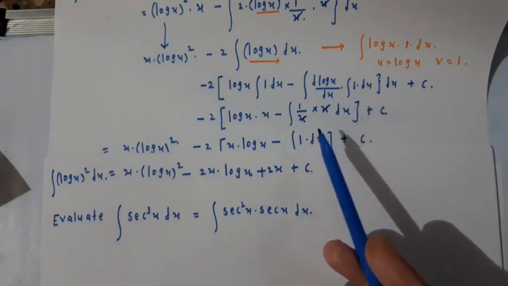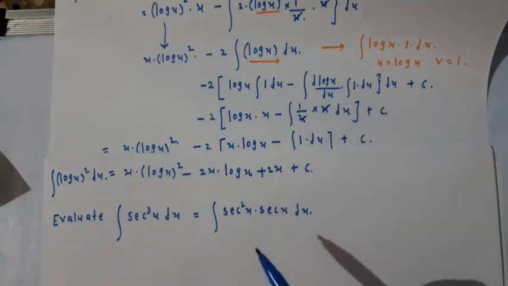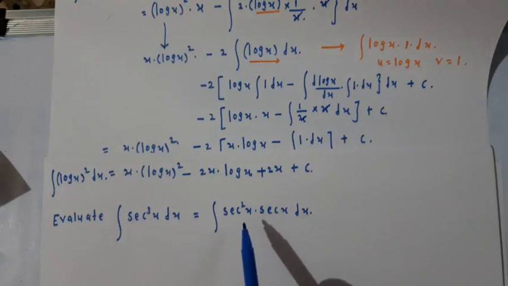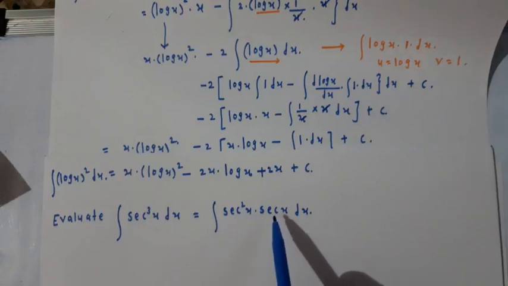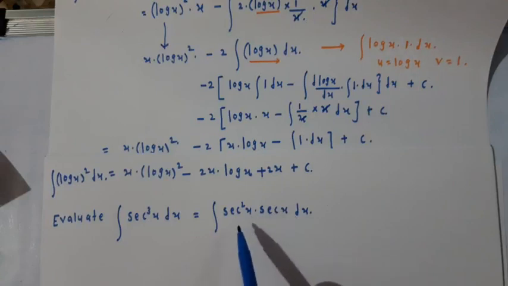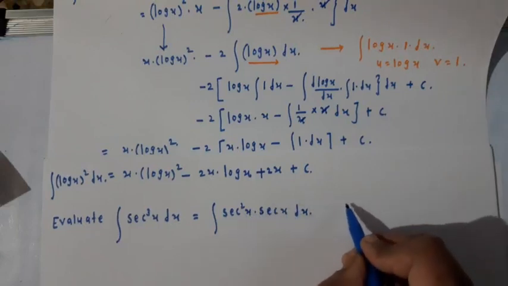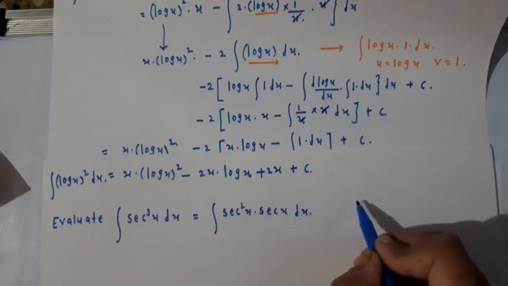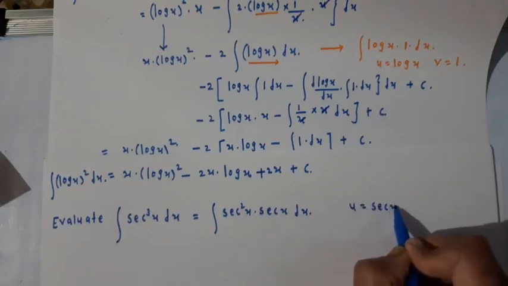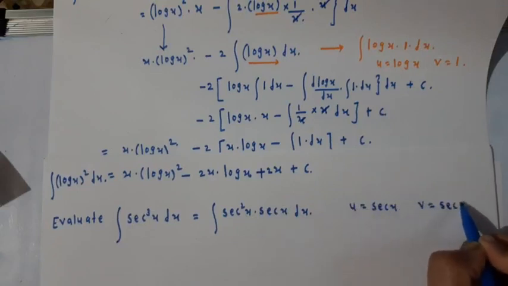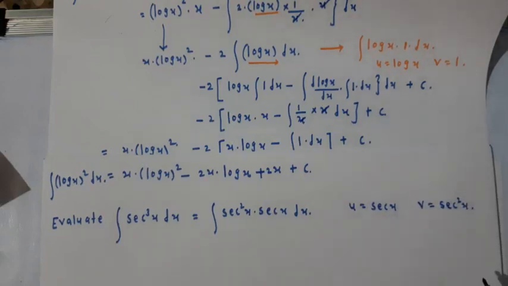And therefore, while solving this type of problem, where both are trigonometric functions, here we can take the differentiation of sec x, and the integration of sec square of x is tan x. So consider this type of function. So here we can take u equal to sec x and v equal to sec square of x. Anyway, you can consider. Okay students.